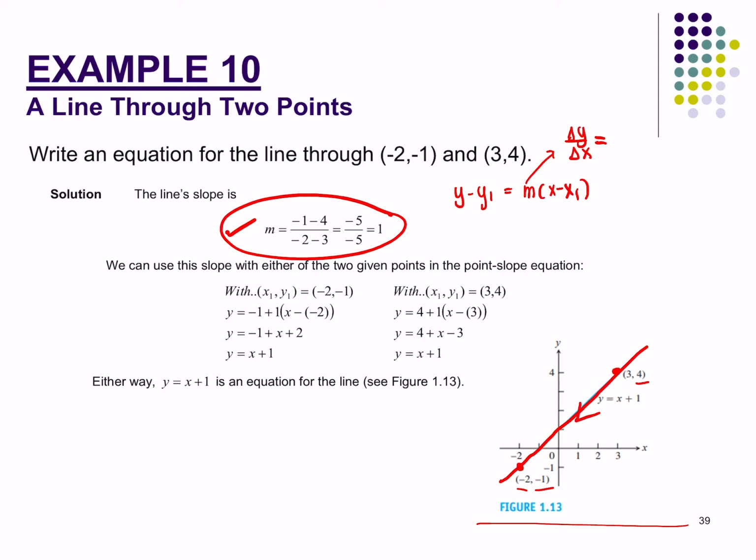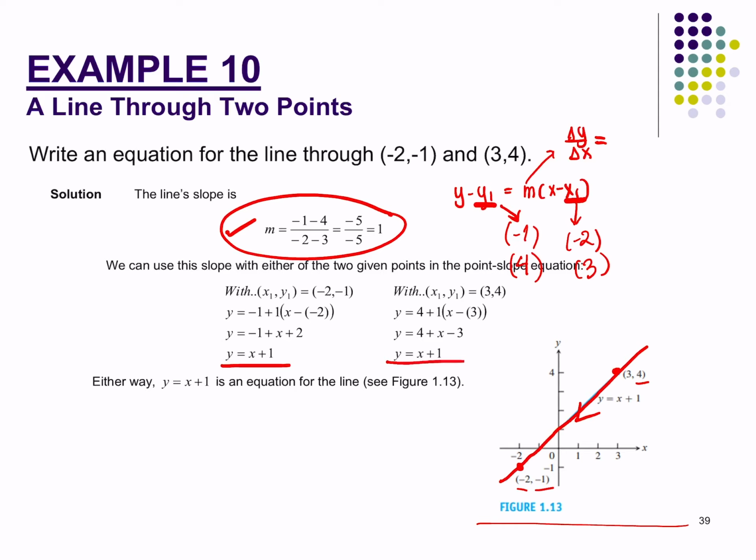After that, you can try either point. You can plug in y1 and x1 as minus 1 for the y and minus 2 for the x, or you can try 4 for the y and 3 for the x, and you would get the same equation for the point slope formula, which is y equivalent to x plus 1, and y equivalent to x plus 1, the same, right?